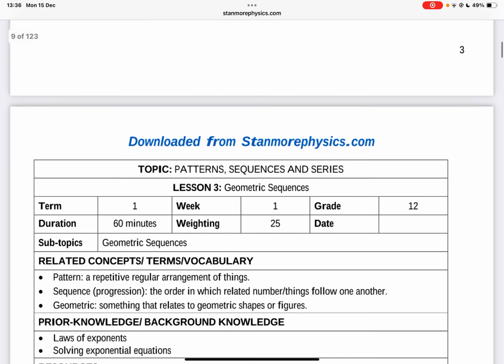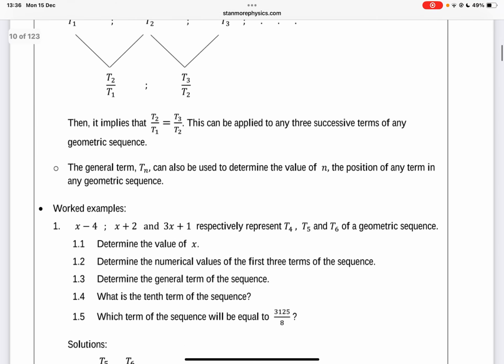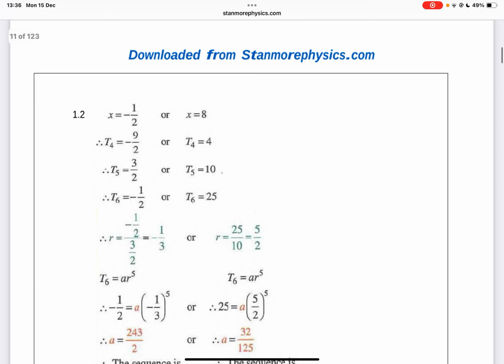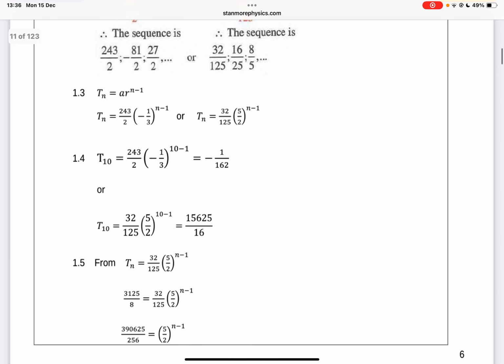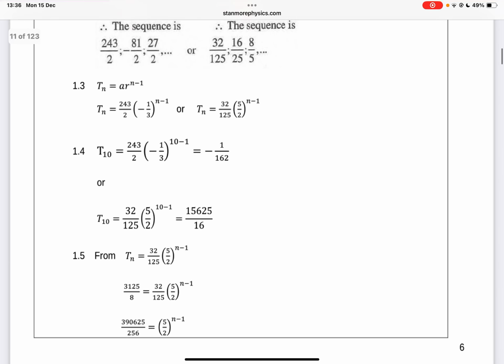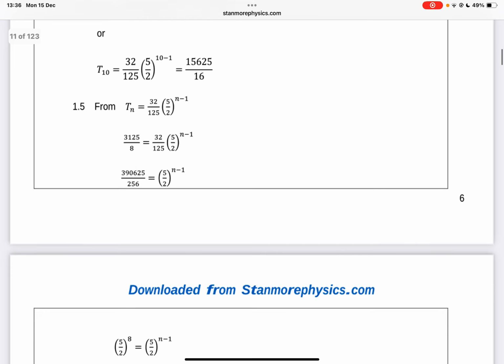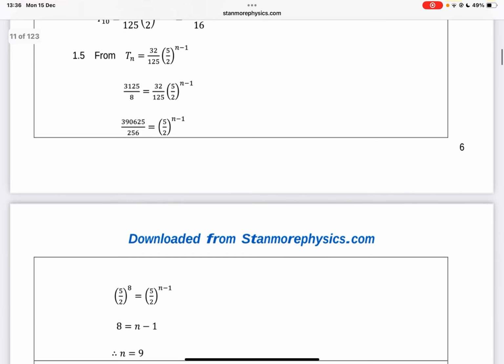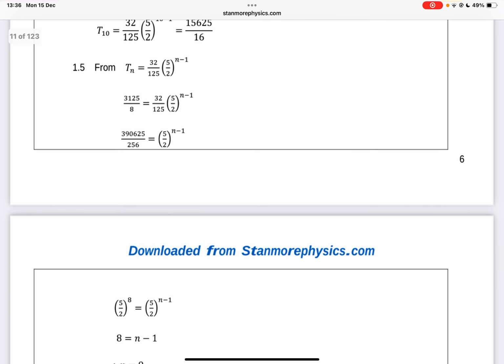As we can see here, boys and girls, we have the first question we dealt with, and these other questions. In this question 1.5, exactly what I was going to do. You see that we stated our T of n and we made it equal to the formula that we already found in the previous question. From there on, we solved by dividing by 32 over 125.